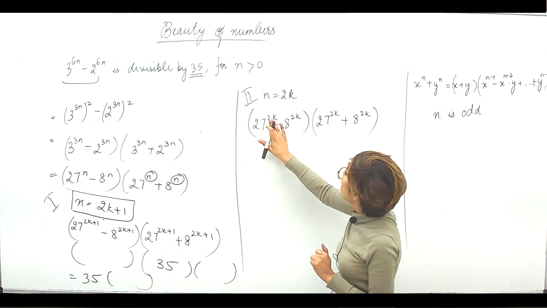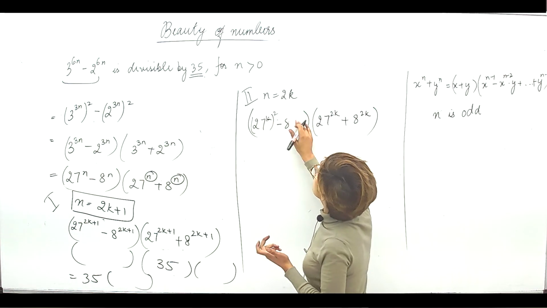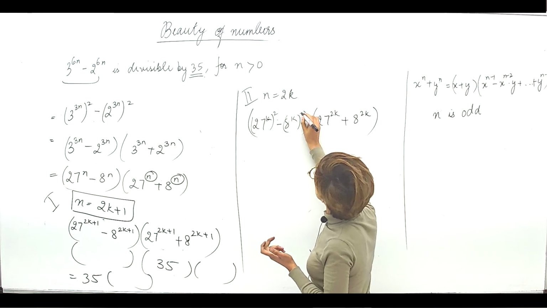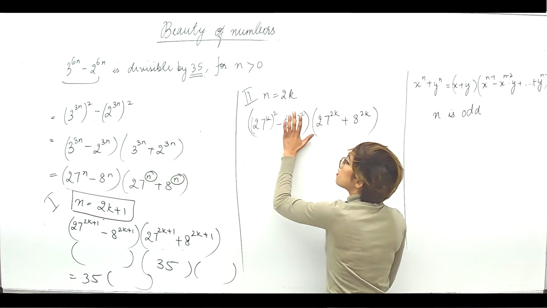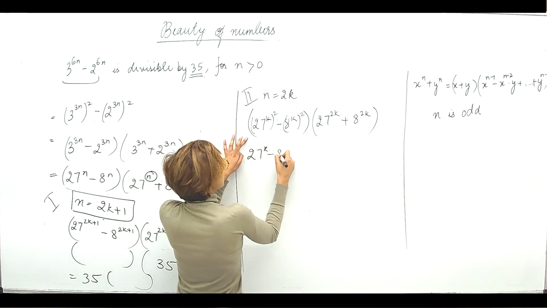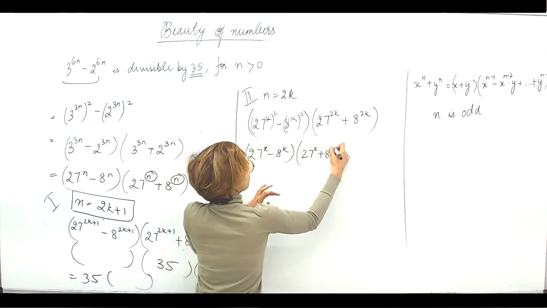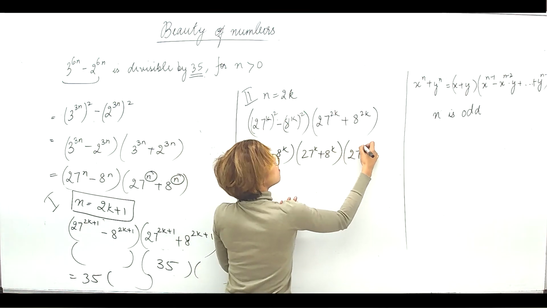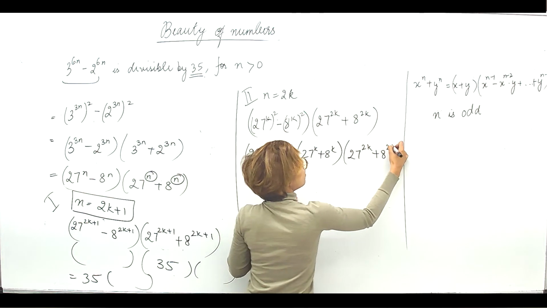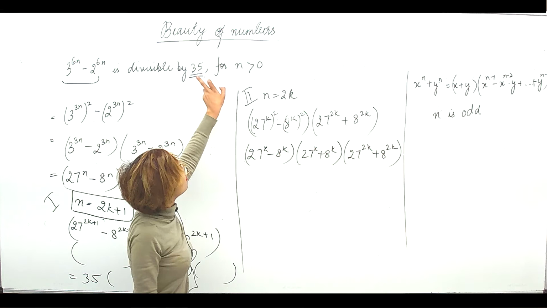Now again, I can write this using a square minus b square, so a minus b: 27 raised to k minus 8 raised to k, into 27 raised to k plus 8 raised to k, into 27 raised to 2k plus 8 raised to 2k as it is.